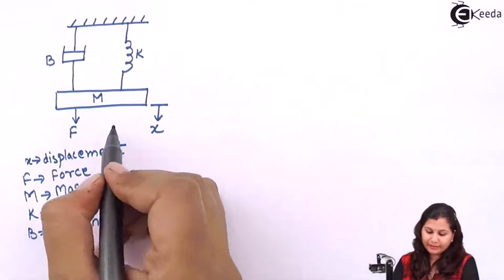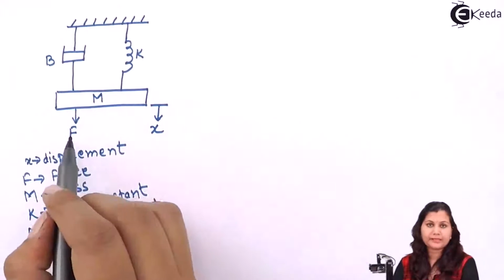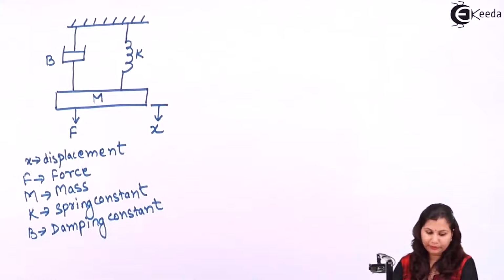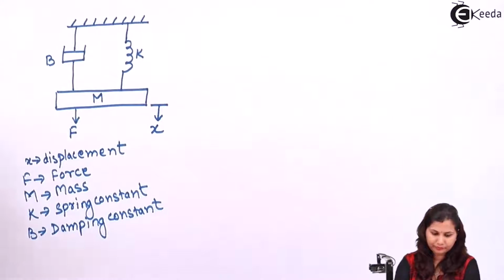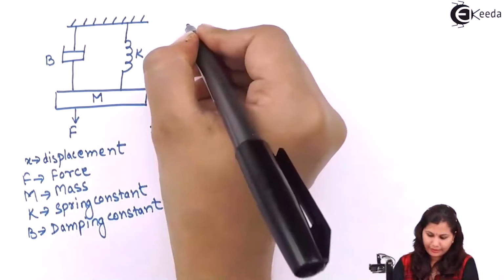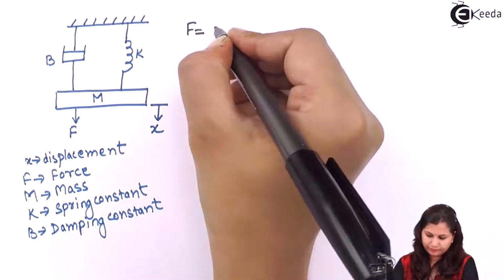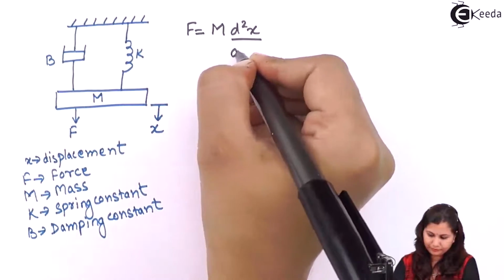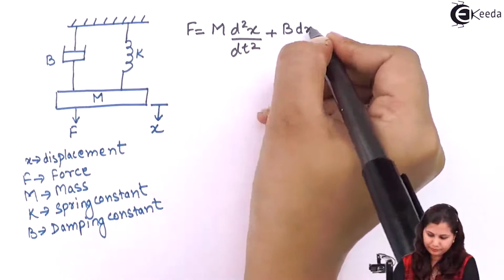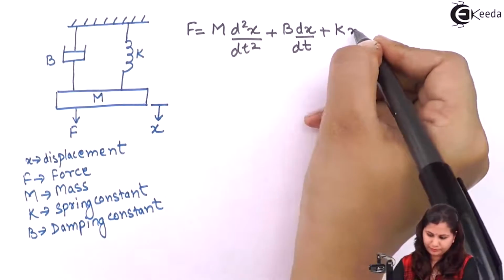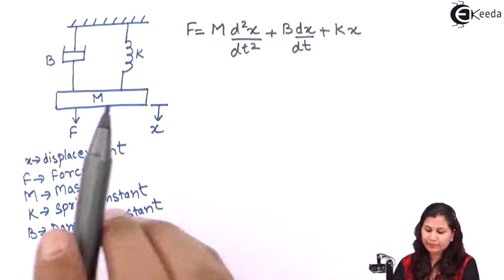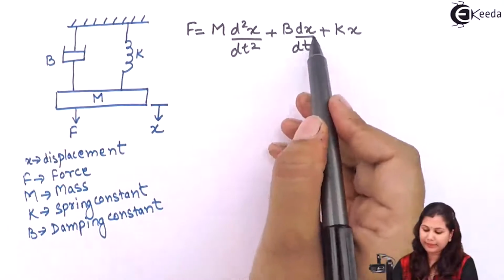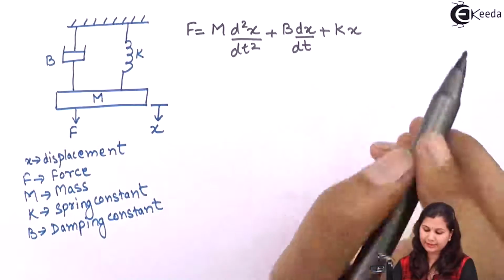Now if we write the mathematical model of this mechanical system, it will be F equals m d2x by dt square plus b dx by dt plus kx.